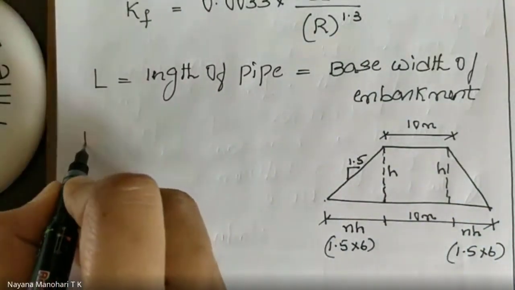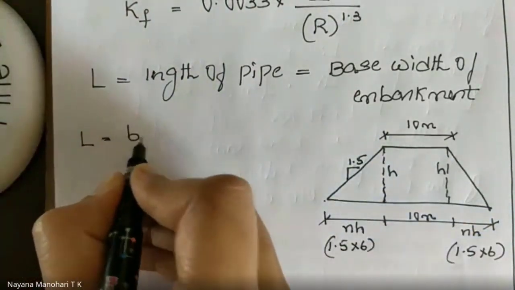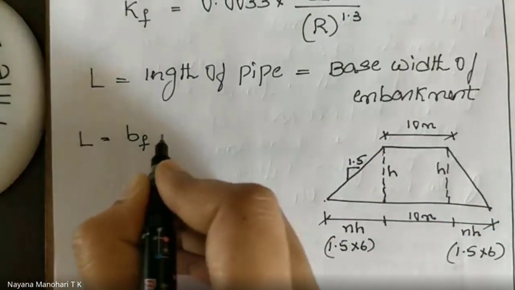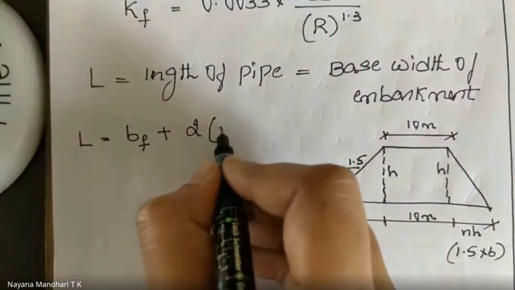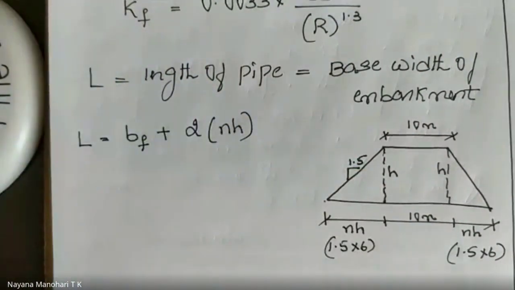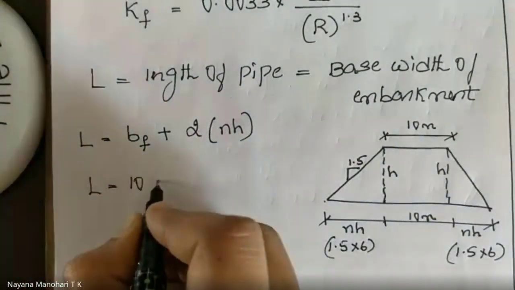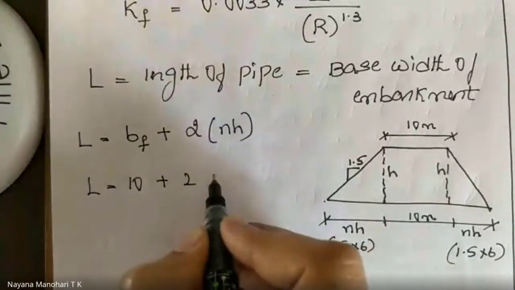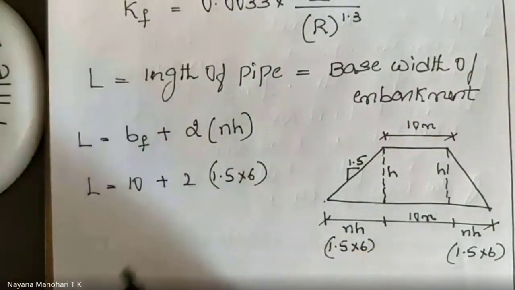Then the total length of the pipe is given by: this width is the formation width, so I will write it as B_F, the formation width, plus twice the slope into height value. Then L equals the formation width, 10 meter, plus twice into the slope value 1.5, into the height of the embankment, 6 meter.